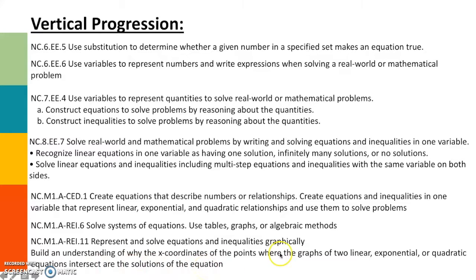So they're looking at solutions to not only linear equations, but what it looks like when you have maybe no solution and you have a set of exponential equations, or maybe an exponential equation and a linear equation. So we're expanding this idea of systems of equations to other types of equations besides just linear equations. So hopefully that helps you with understanding what came before the standard and what comes after the standard.